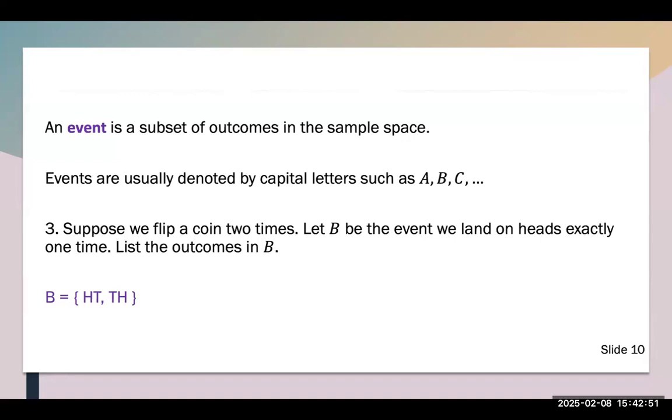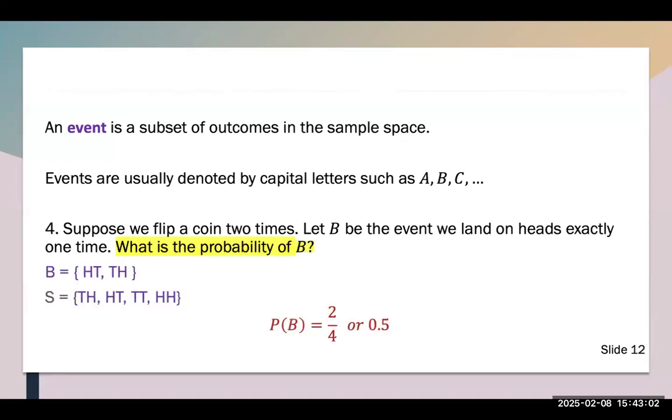So out of the 4 options, there's only 2 where we land on heads exactly 1 time. Now the probability of B is 2 out of 4, or 1/2. This is the same thing as a 50% chance. So there's a 50% chance that if we flip a coin 2 times, we will land on heads exactly 1 time.